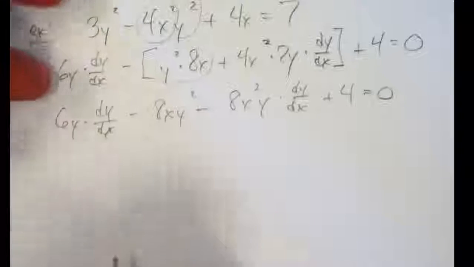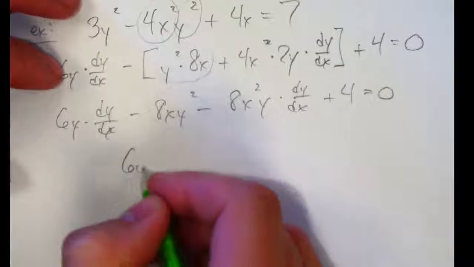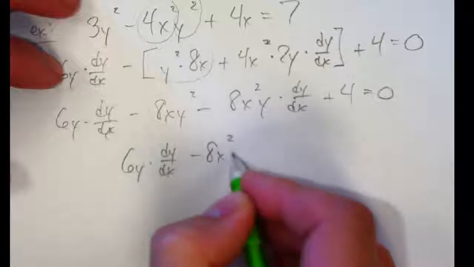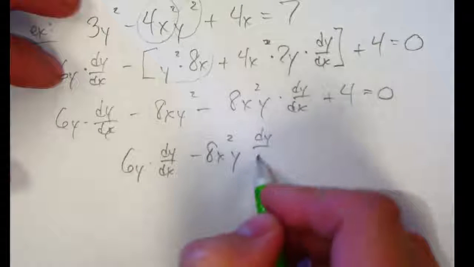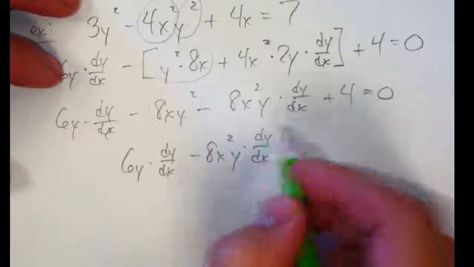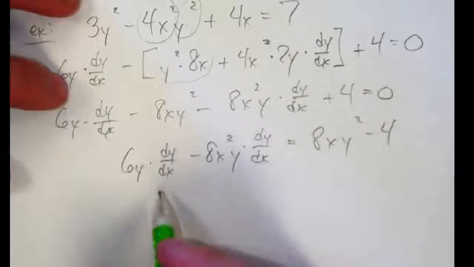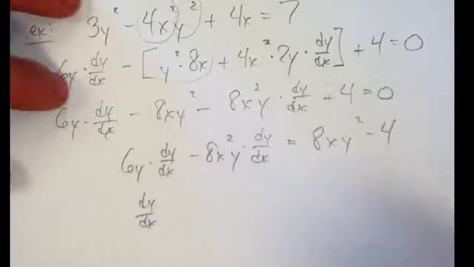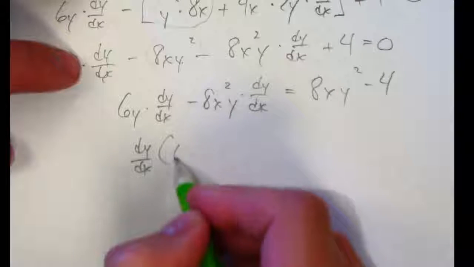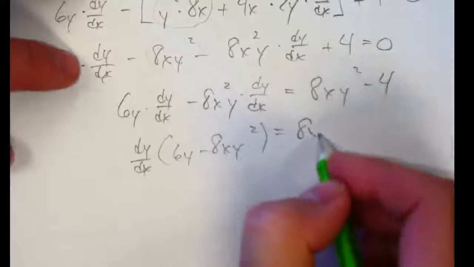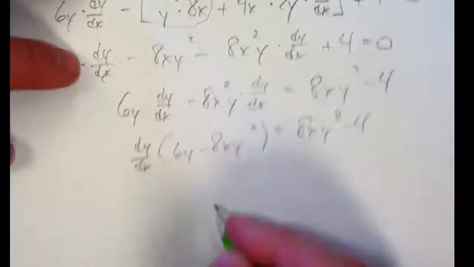I'm going to keep the terms that have a dy/dx in them over here. I'm going to move the other ones to the other side and change the sign. Then I'm going to factor my dy/dx and divide.